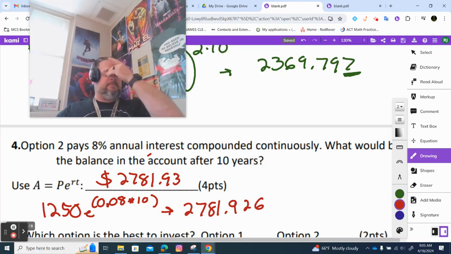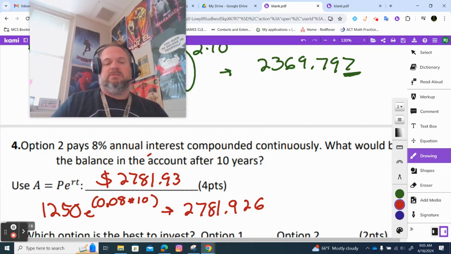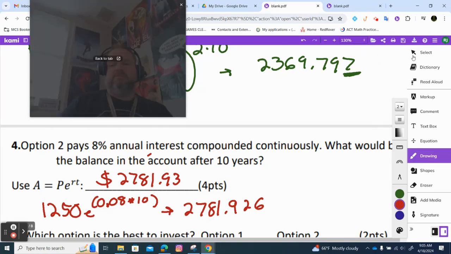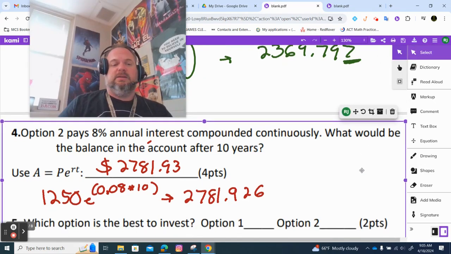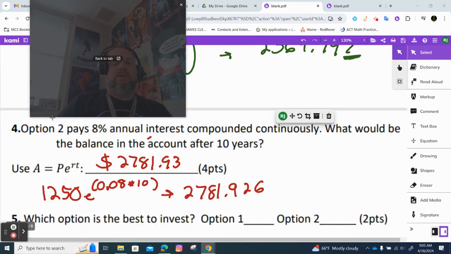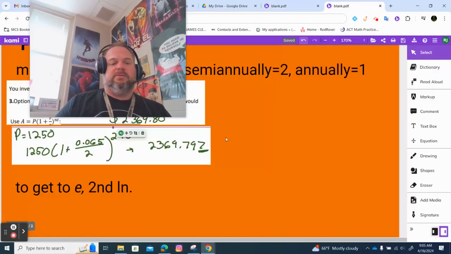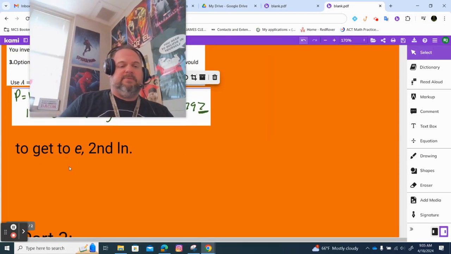Now, part number 5 is the hardest question on the whole test tomorrow. Some of y'all are gonna lose brain cells trying to get number 5 right tomorrow.